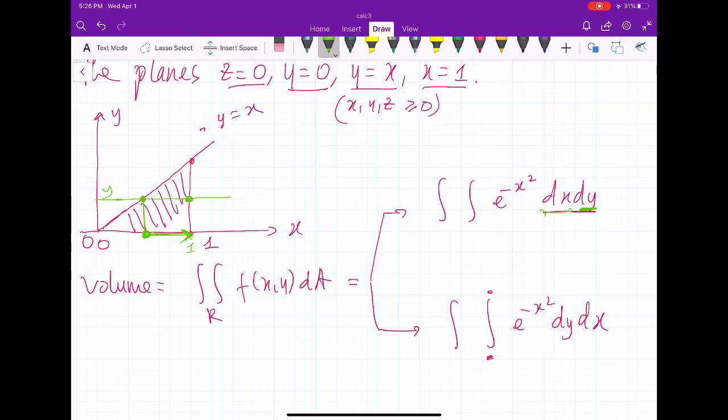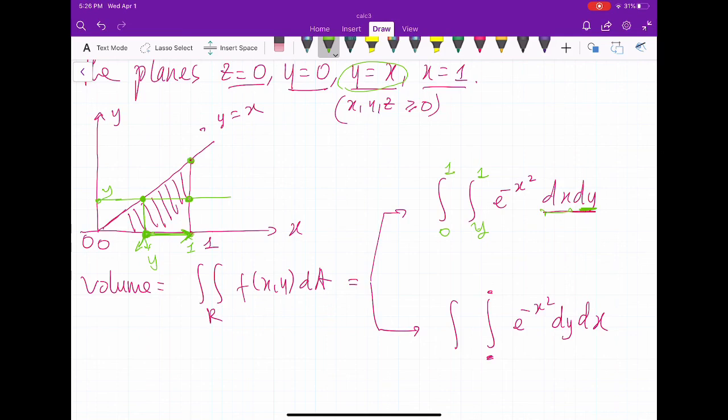We need to find the coordinate of this one, but that is easy because y equal to x. So if this is y, this should be y. So I can find x goes from y to 1, and y goes from where to where? From 0 to 1.